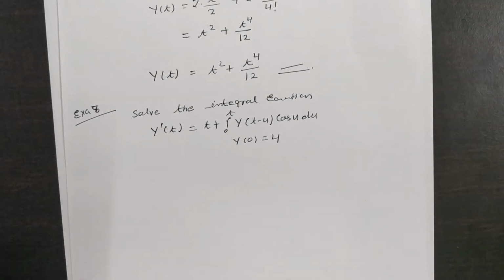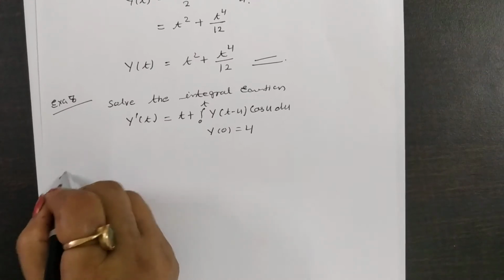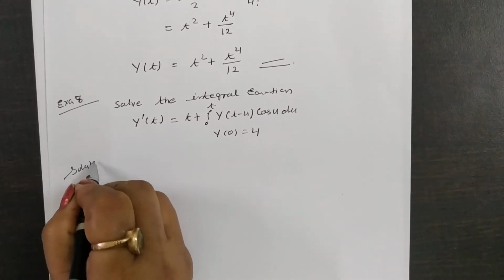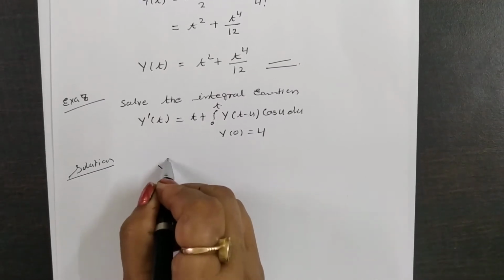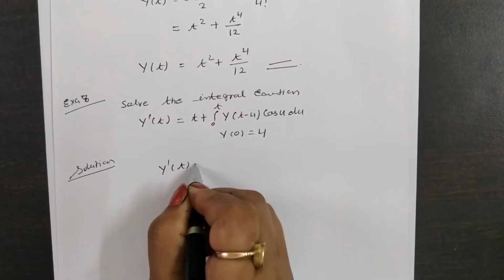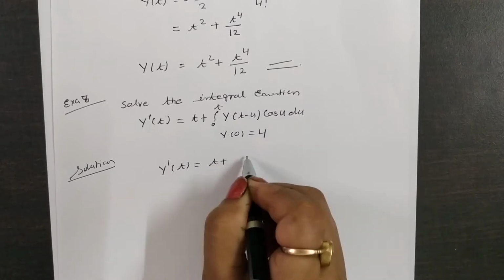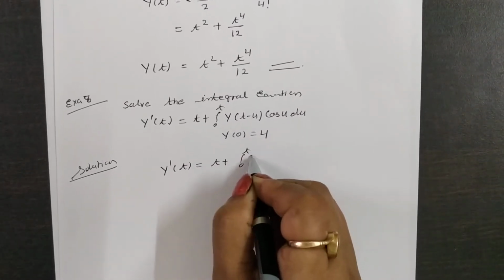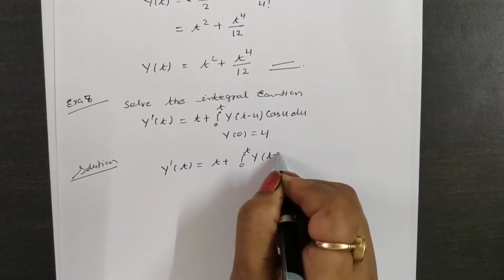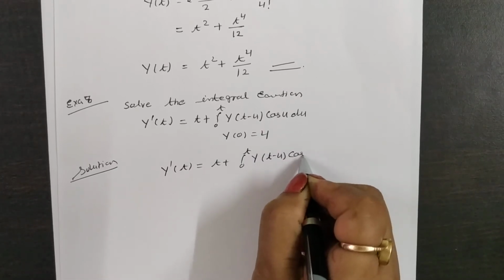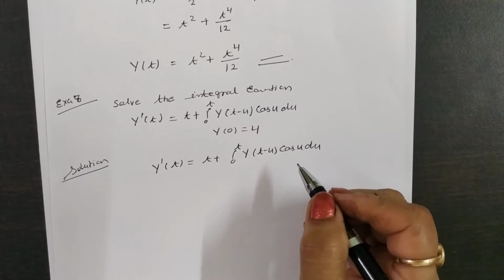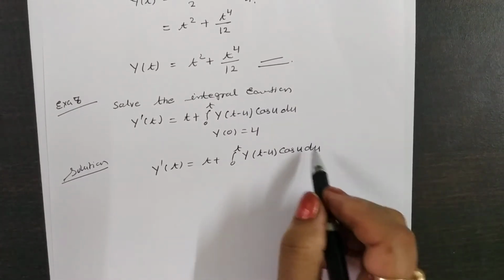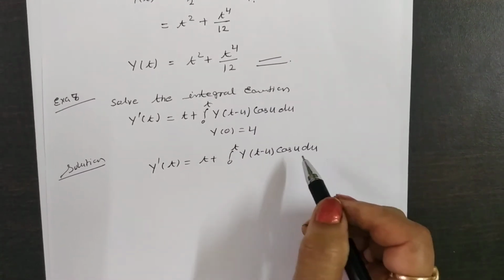Okay, so the solution of this equation can be defined as: y dash t is equal to t plus the integral from 0 to t of y(t minus u) cos u du. Now first we use the convolution theorem.